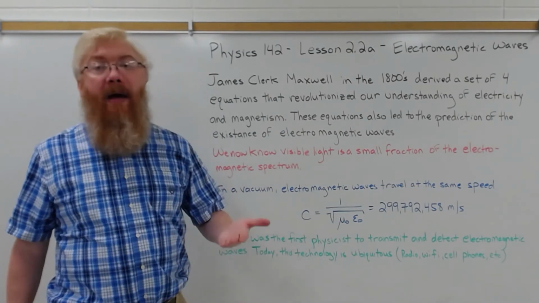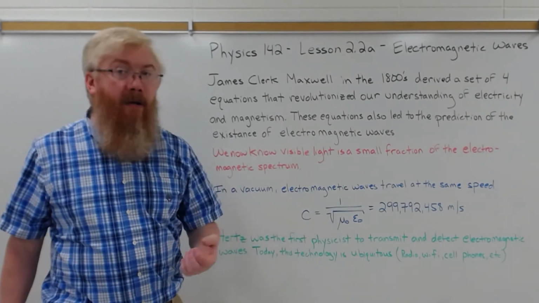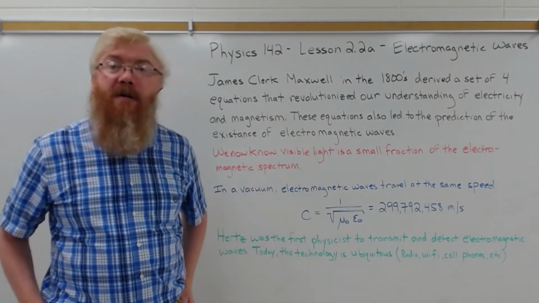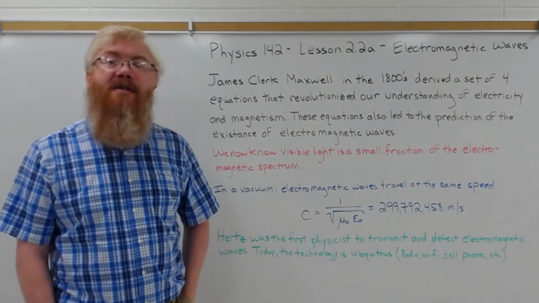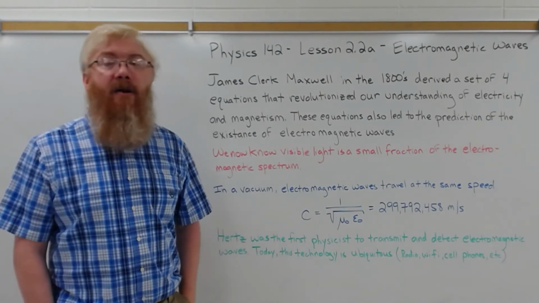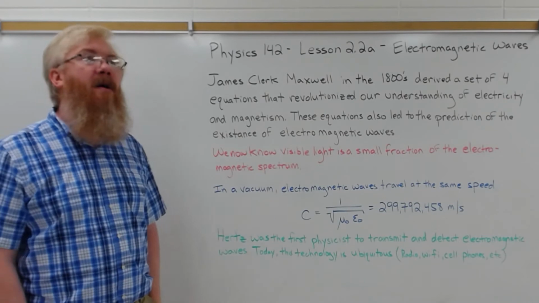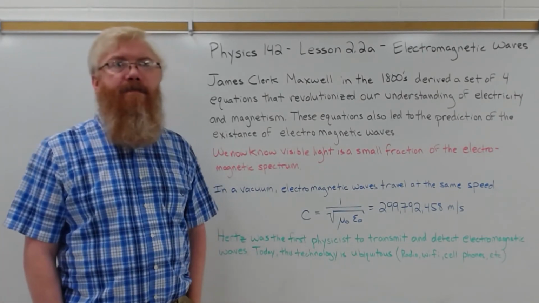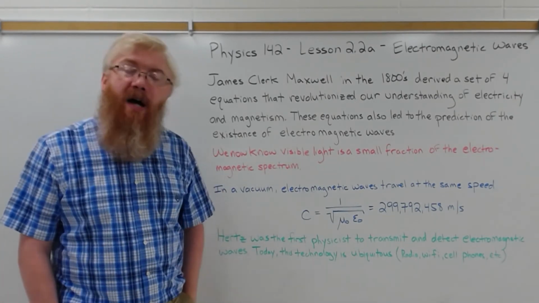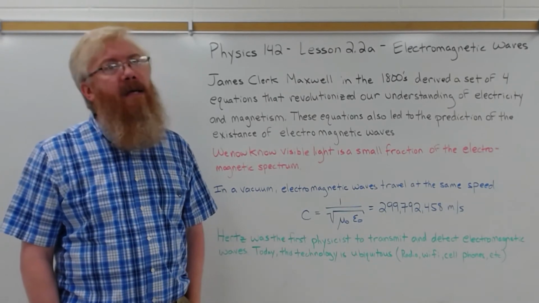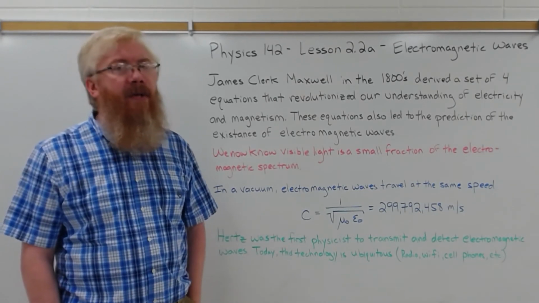Unlike sound waves, which travel several hundred meters per second, light waves travel much, much faster, which is why it was so difficult to measure the speed of light in early experiments. It wasn't until Roemer, I believe, a Danish astronomer, measured the speed of light within about 10% in the late 1600s.